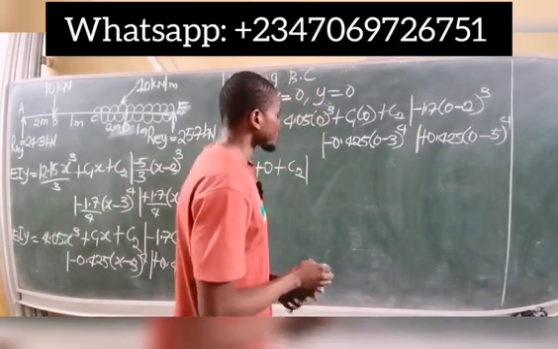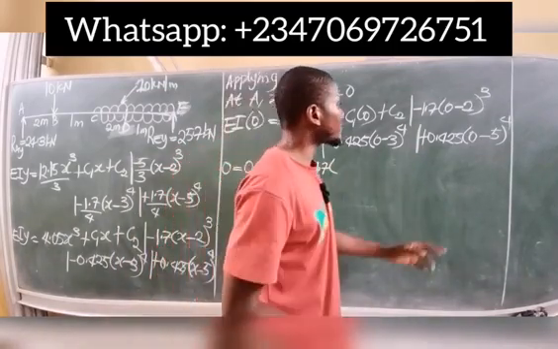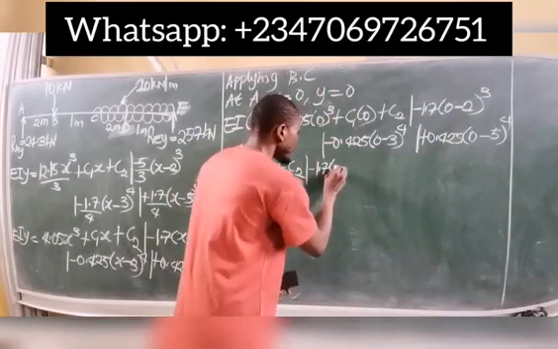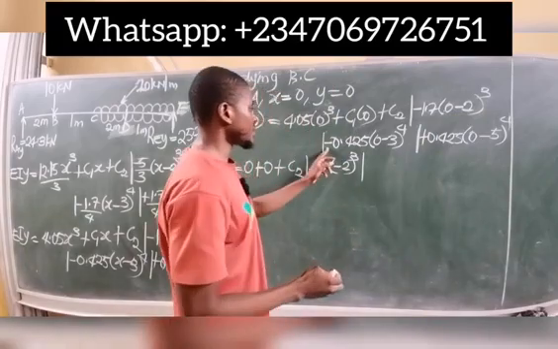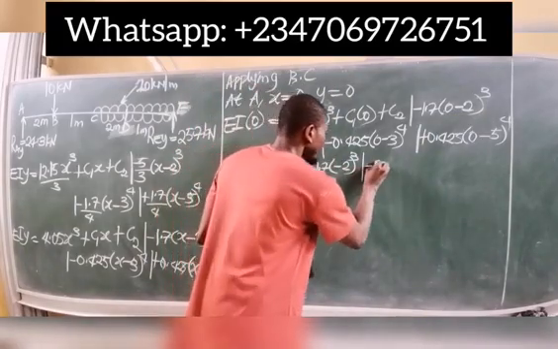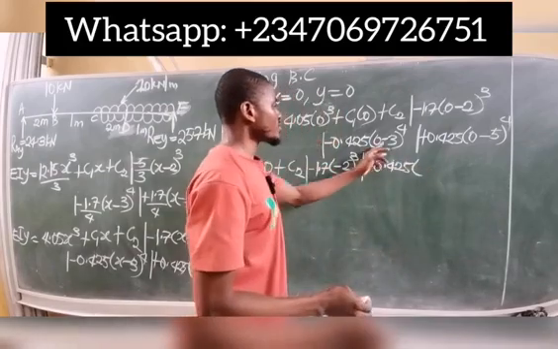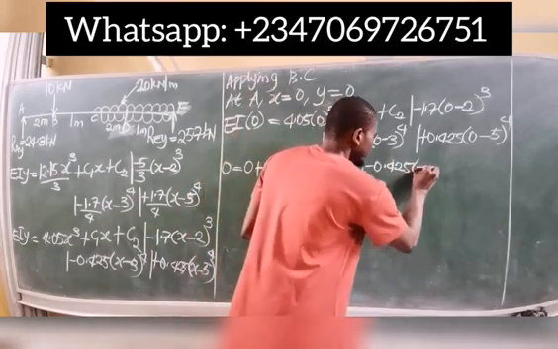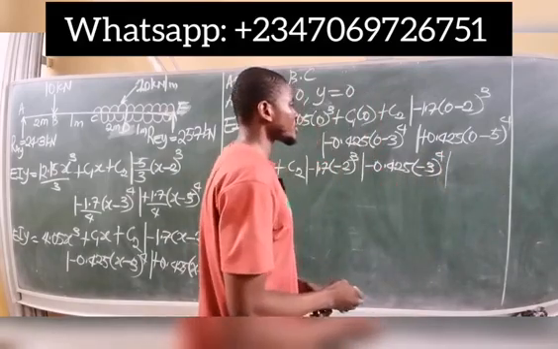We have minus 1.7 into (0 minus 2), which remains minus 2, to the power of 3. Put down your Macaulay's bracket. Here gives us minus 0.425 into (0 minus 3), which simply remains minus 3, to the power of 4.